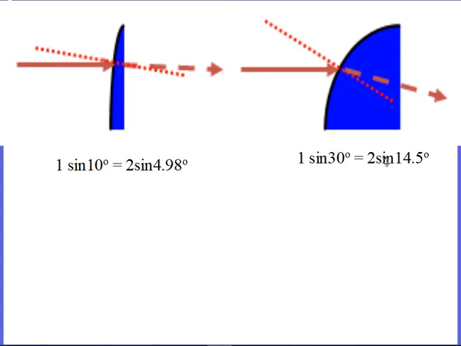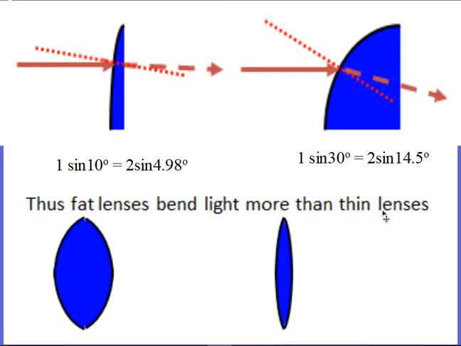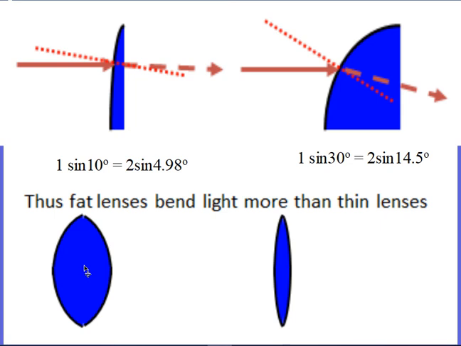And again here it's about half as big, but because the angle of incidence is bigger, the light has been bent by about 15 degrees here, where here was only bent by about 5 degrees. Factoid. Fat lenses bend the light a lot, thin lenses bend the light a little.